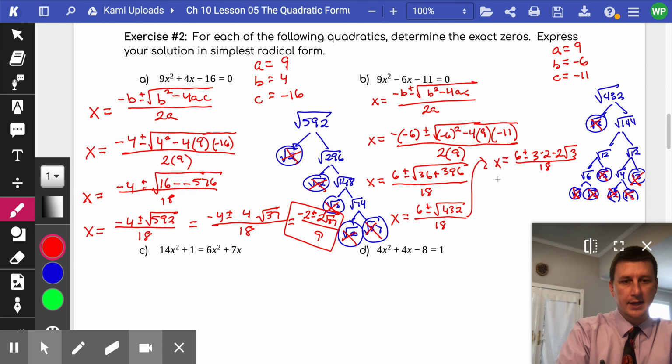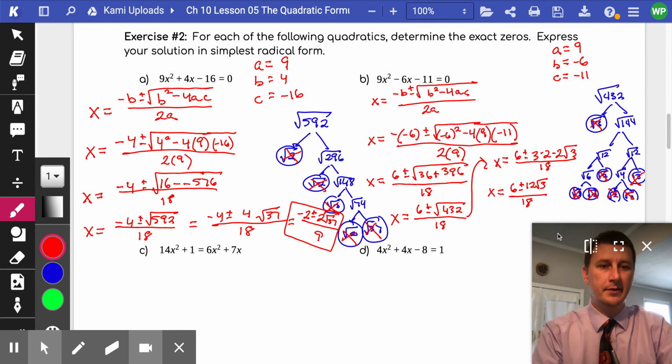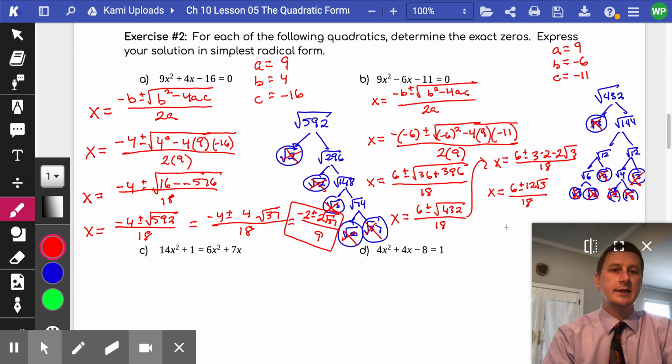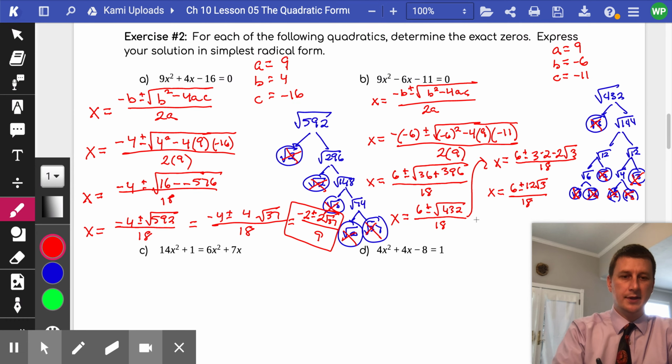Okay, now let's keep going. We have x equals 6 plus or minus 3 times 2 times 2 is 12, radical 3, over 18. And my final step in this whole entire process is to see if all these numbers have a greatest common factor. Is there a greatest common factor of 6, 12, and 18? If you look at those three numbers, you should think to yourself, yes, they have a greatest common factor of 6.